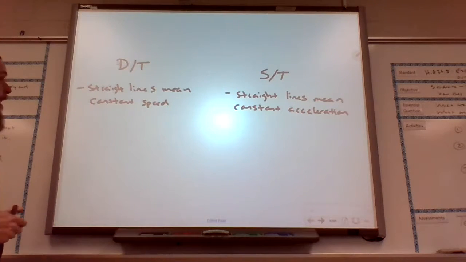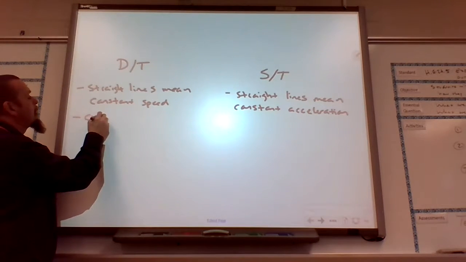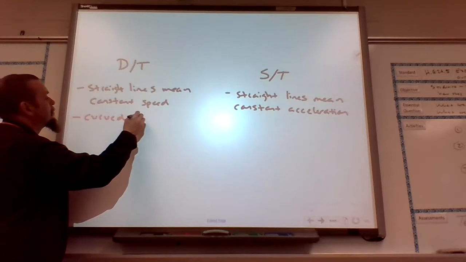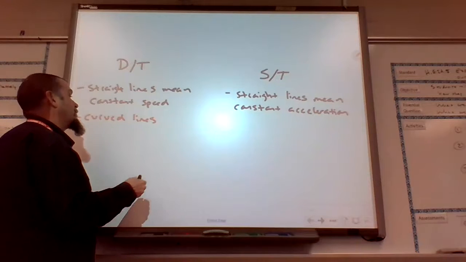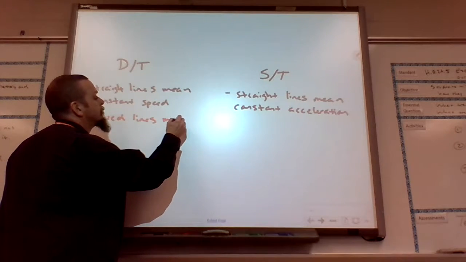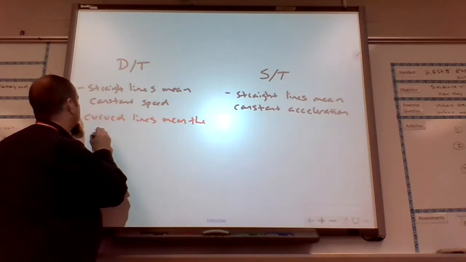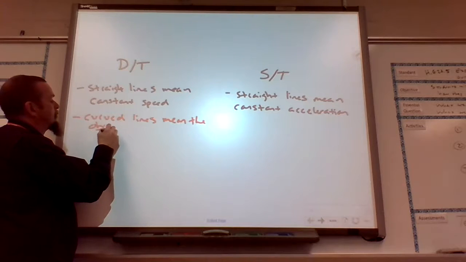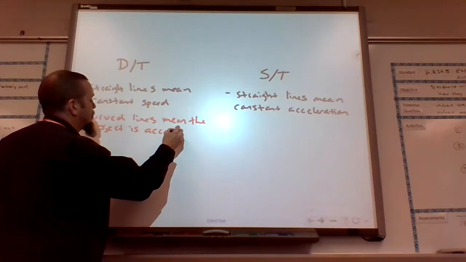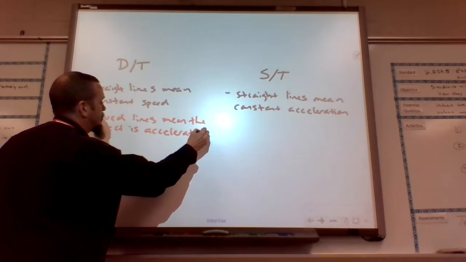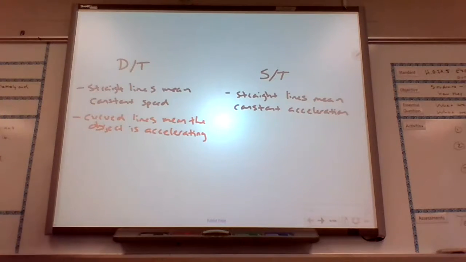On the distance time graph, curved lines mean the object is accelerating, either speeding up or slowing down depending on how the slope changes.